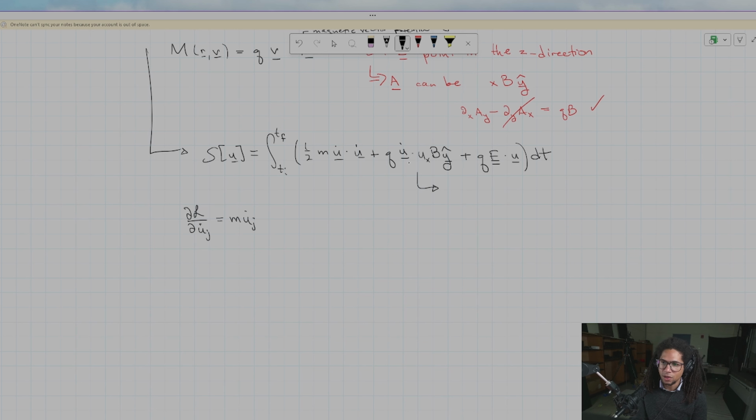This only gives us something non-zero when we're talking about the y component, so it gives us q times u_x times B. This only gives us something non-zero when j is equal to y. We can use the Kronecker delta to express that. When j is equal to y, the something that we get is q u_x B.